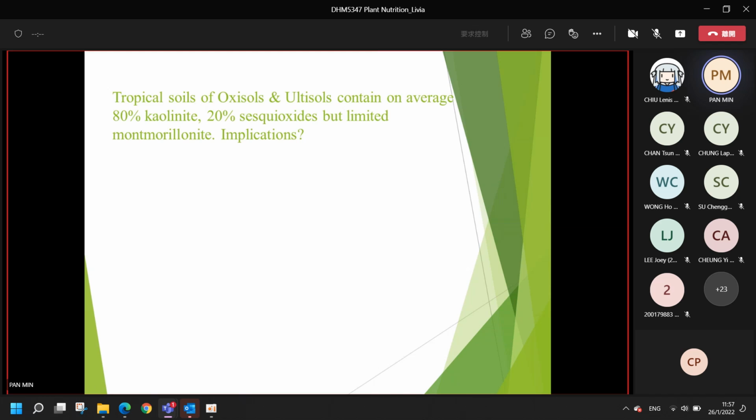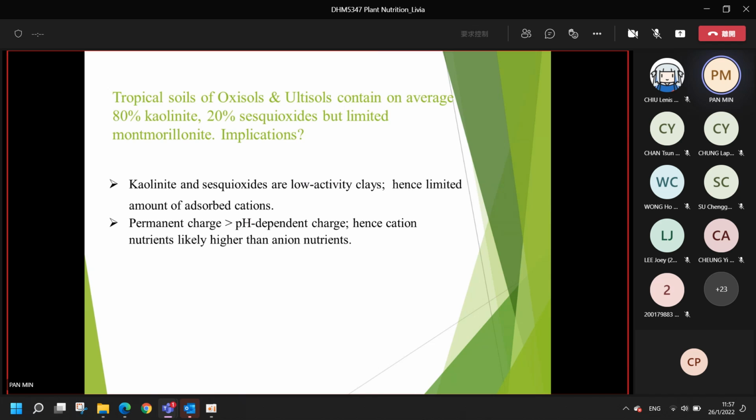So here is the question: if the tropical soil or Aussie soil and Arctic soils contain on average 18% kaolin, 20% sulfuric oxides, but a limited amount of montmorillonite, do they have any implications for the soil texture? From the soil texture, you can know the structure and the properties for this type of soil.